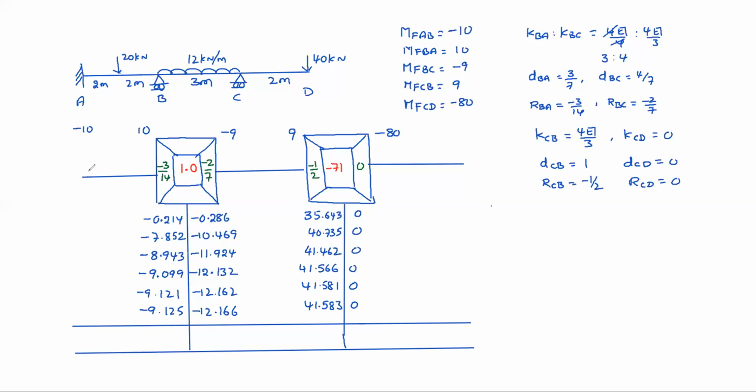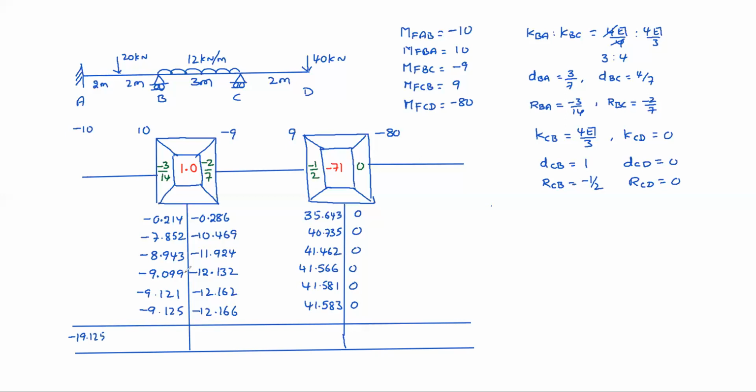Here, tell me, MAB: minus 10 plus 2 times the near end contribution, which is nothing for AB at A, plus the far end contribution, minus 9.125. So minus 10 plus 2 into 0 plus minus 9.125, that is minus 19.125.